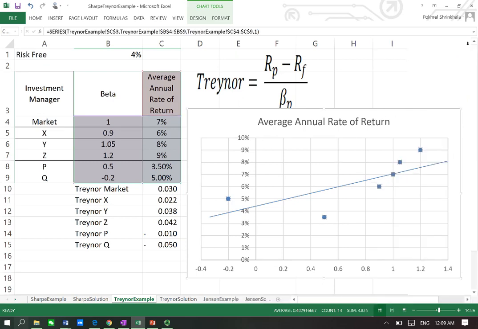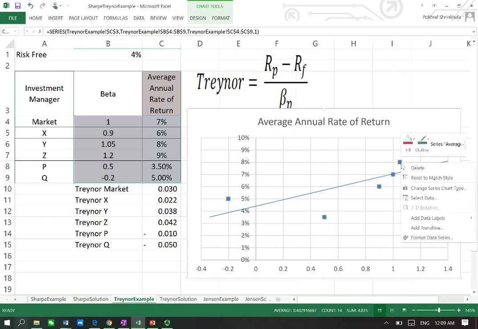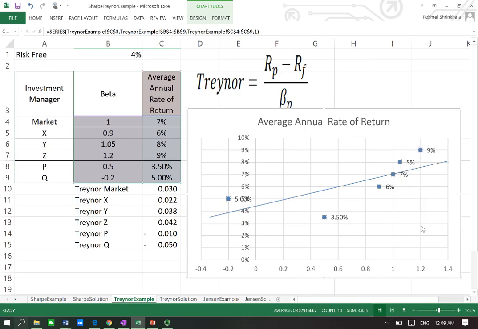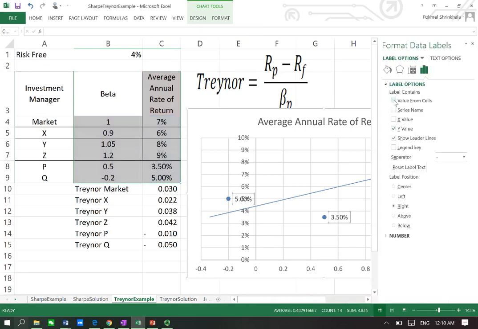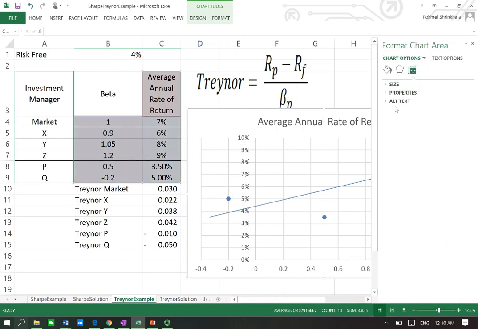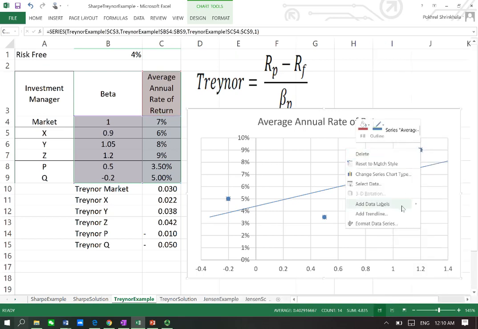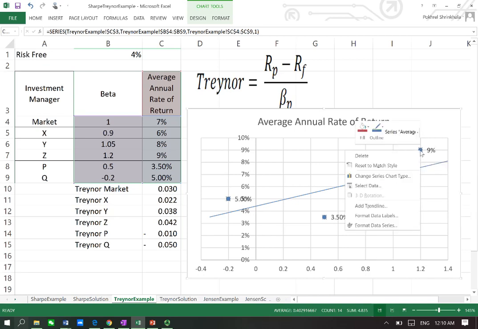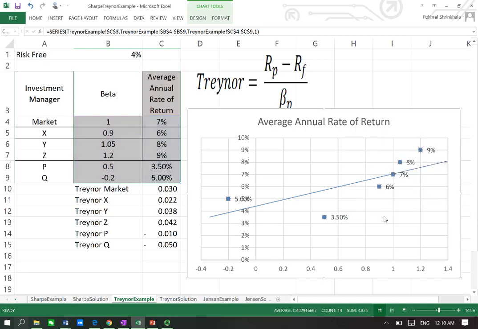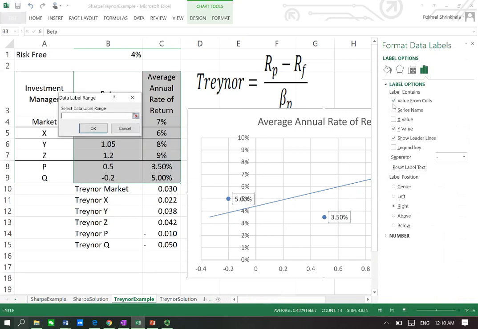Alright, let me close it. What I want is add data labels, and then I want the names. Format data labels. I don't want the y values. Oh, sorry about this. Now I understand my mistake. Add data labels, and then format data labels, value from cells, and these are the values.